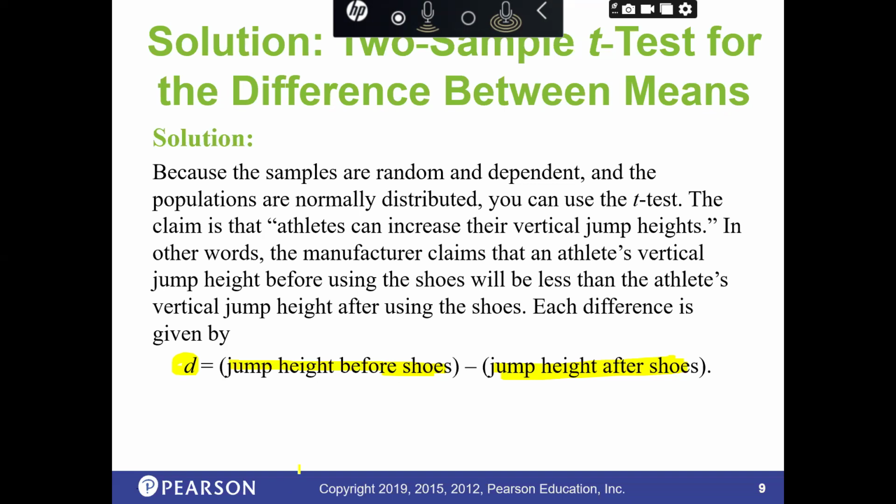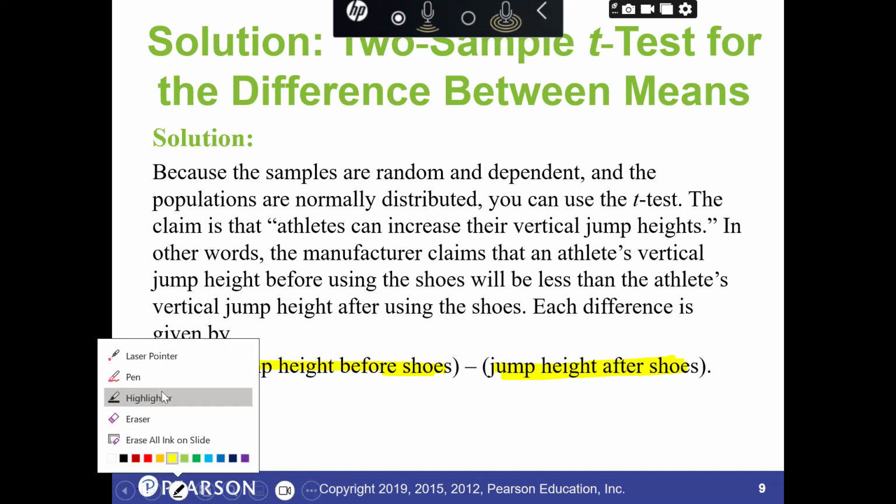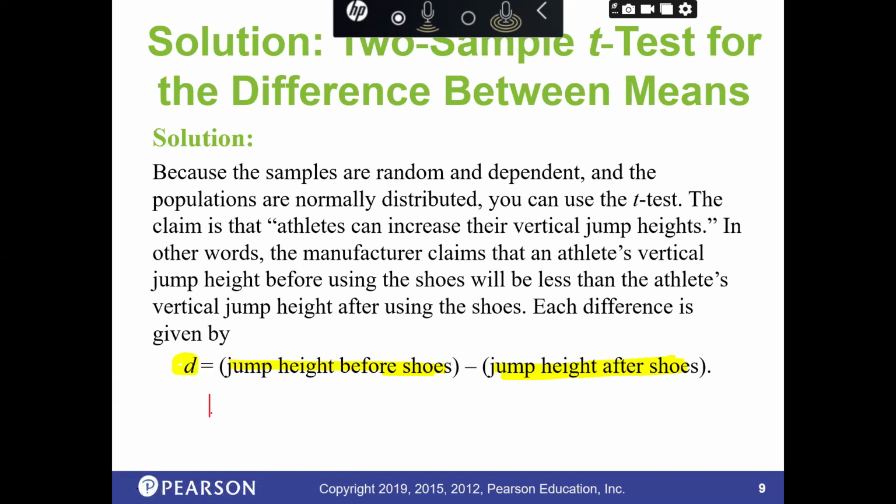Okay, I guess we should do this one too. Can we do the claim as well here? So H0 and HA. Let's do that as well. Again, slightly different one, and I'm not sure why they didn't give us the 3 different possibilities here.